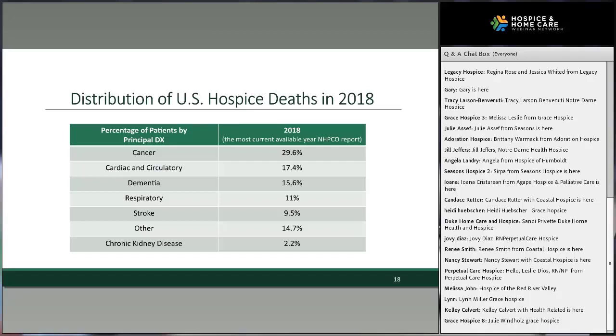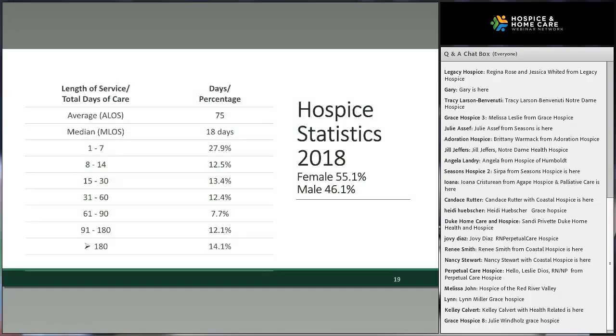Generally next year looking at cardiac and circulatory issues for hospice diagnoses and deaths, dementia, respiratory, stroke, other, and chronic kidney disease. So this will probably be the breakdown that you will see in your own hospice if you keep your data and look at your breakdown on what your deaths look like and what your admissions look like and what type of diagnosis.